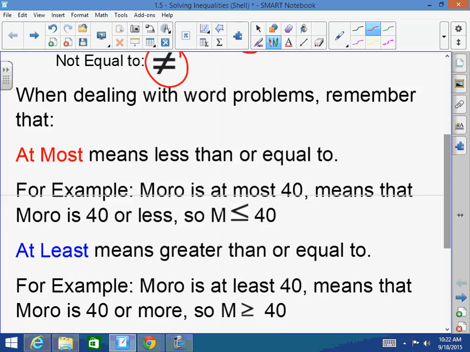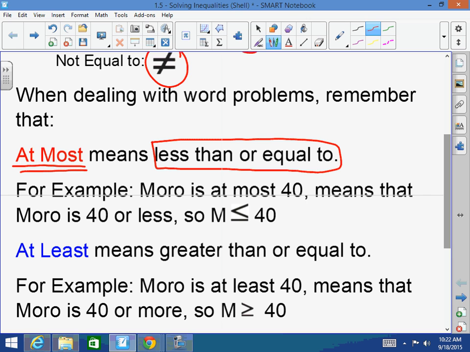That means that Mr. Morrow is 40 years old or less. So you would say M for Morrow is less than or equal to 40. At most means less than or equal to. Okay? I can fit at most 50 people into the dining room. That means 50 or less. At most means less than or equal to.